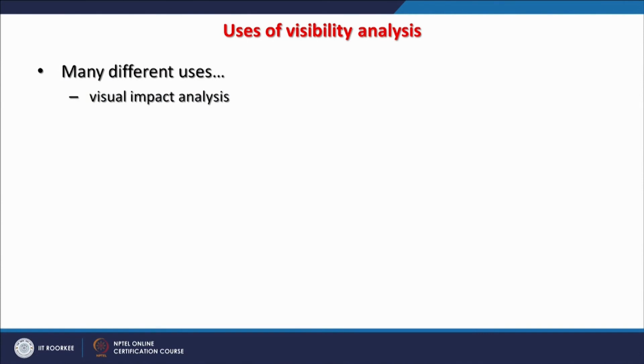There are various applications. One, mainly for observations or locations, one can use it for visual impact analysis. Somebody is going to construct a tower or building or something, and before that they would like to see how much of a valley or hill would be visible from the top of that building or from the windows of different floors.